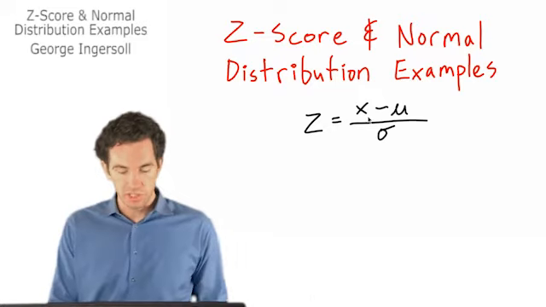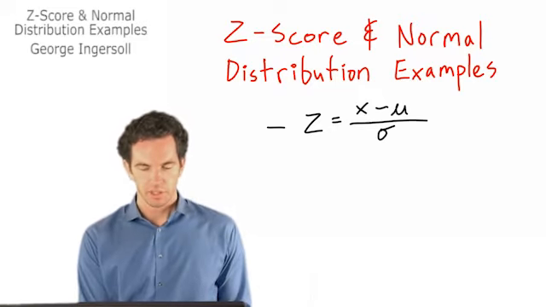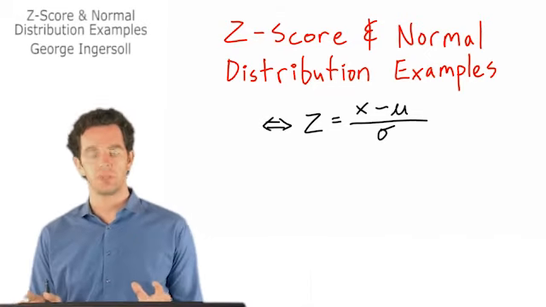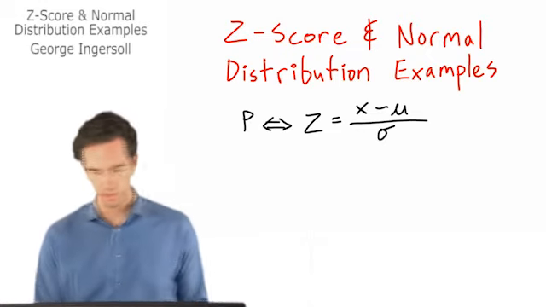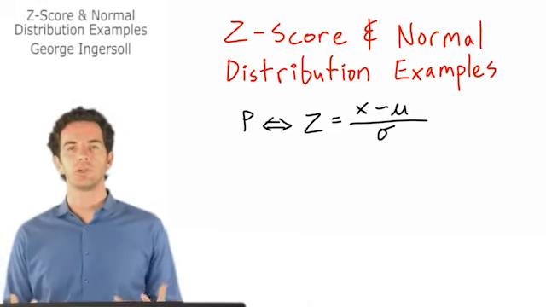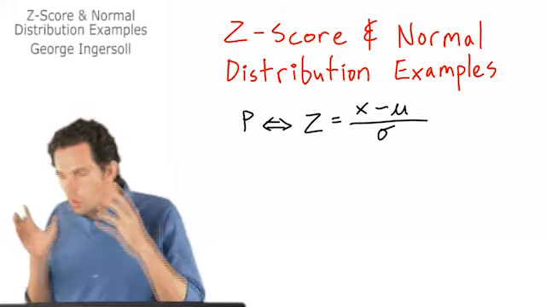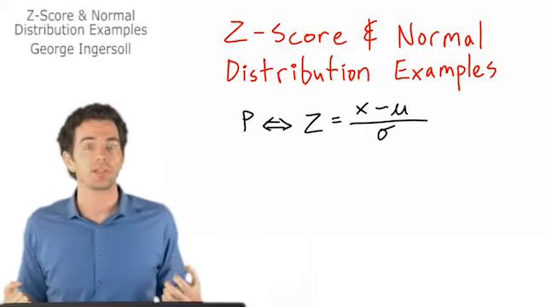And we use the z table, which we're going to take a look at in a moment in some of these examples, to be able to convert back and forth between z-scores, number of standard deviations you are from the mean, and a probability. And that's essentially what we're doing every time. We figure out how many standard deviations we are from the mean, and we say, what's the probability associated with being that many standard deviations from the mean?